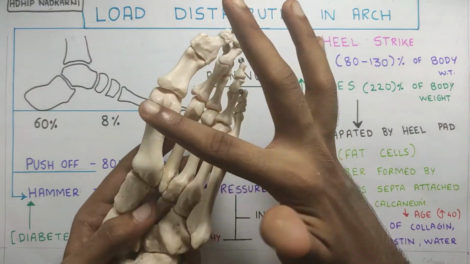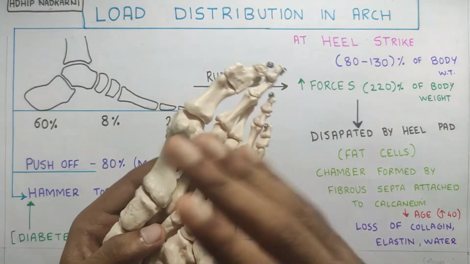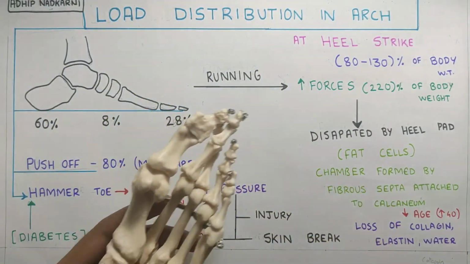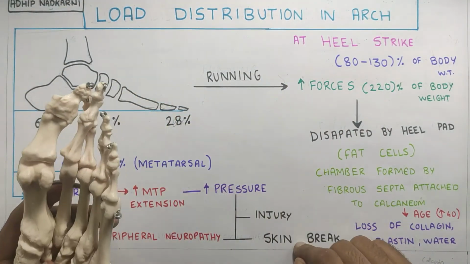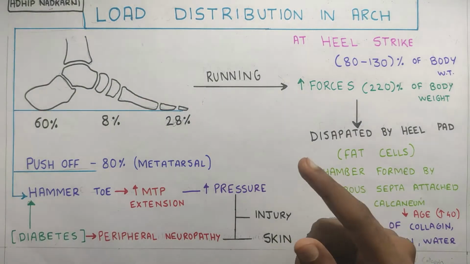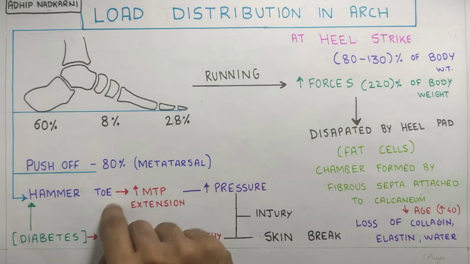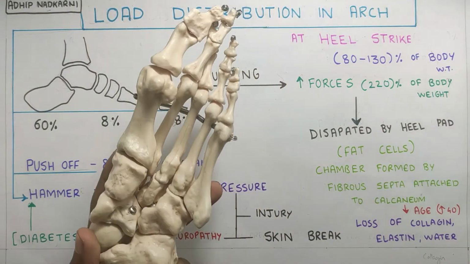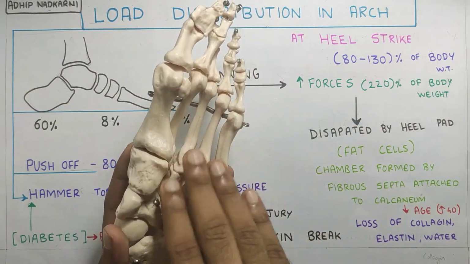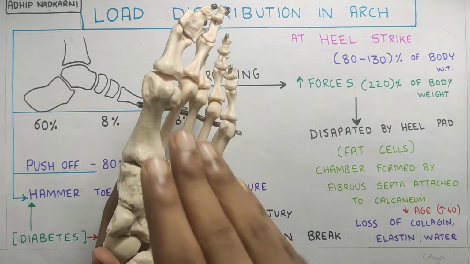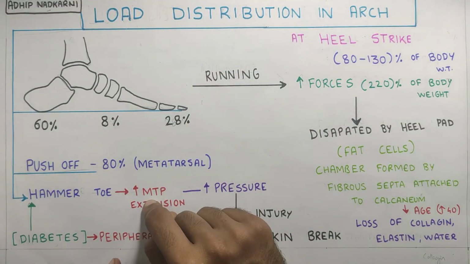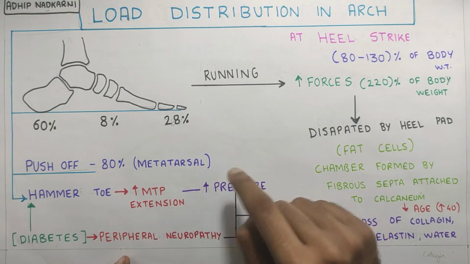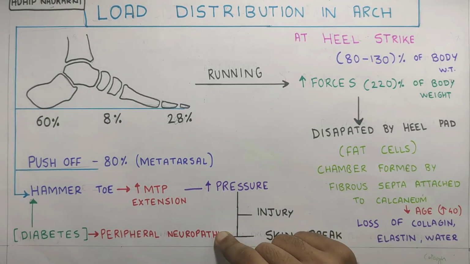Because of the excessive pressure on this area during weight bearing, there can be a skin break and this can cause even more further problems, because hammer toe is mostly seen in people with diabetes. So in diabetes there is something called peripheral neuropathy, where all the intrinsic muscles of your foot become weak, due to which it will go for MTP extension and this will increase the pressure and cause the skin break at the metatarsal head.